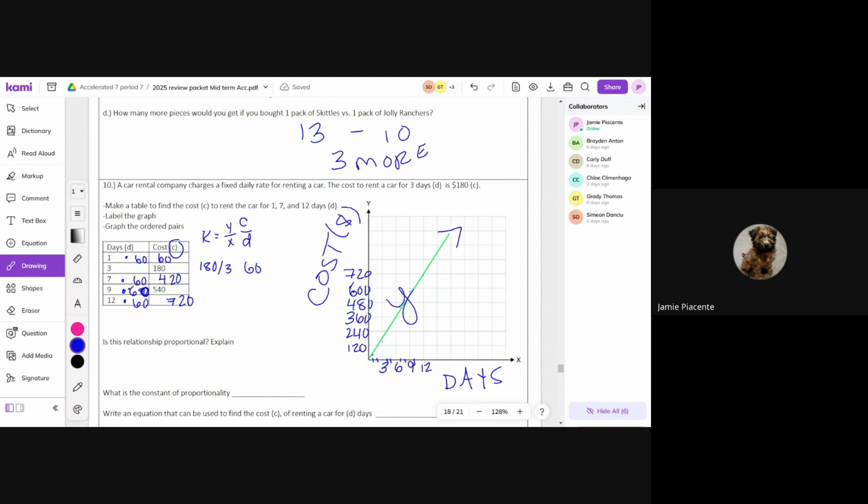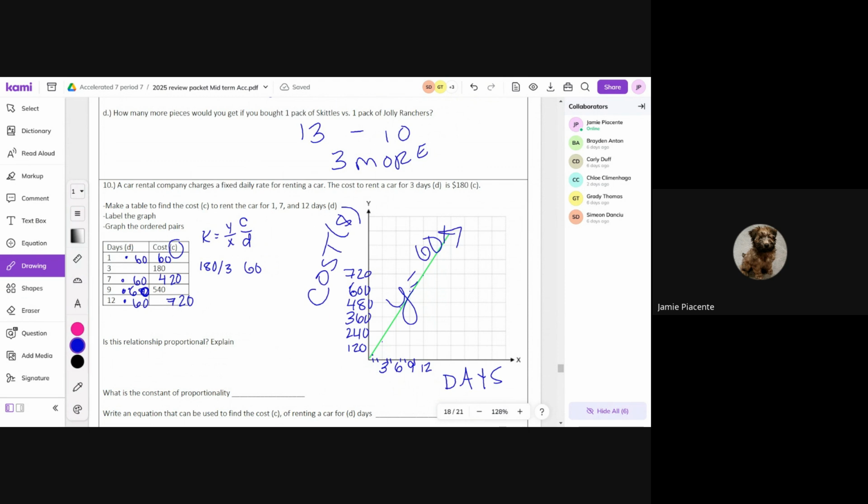My equation is Y equals, my constant is 60, and I stick an X next to it. So Y equals 60X. Let me take a peek at Dagler's and see how she did hers. Hers, she just extended the graph. Hopefully on your midterm it fits perfectly on there. She just extended it and counted by ones, but we made it all work here.